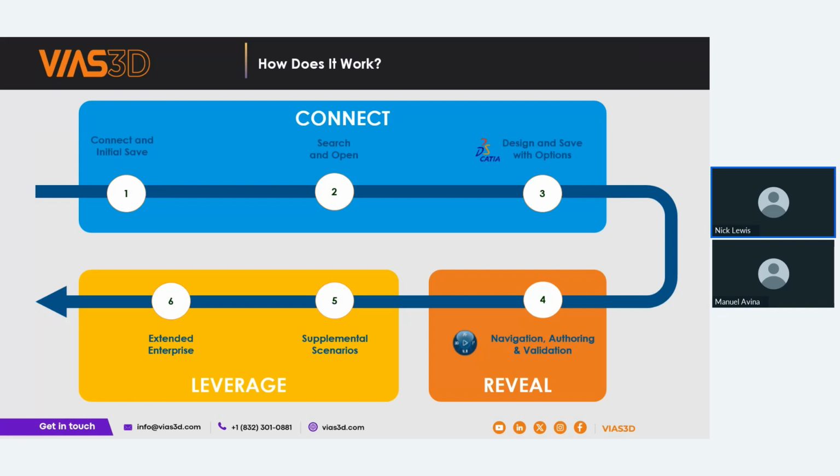That allows you to fully leverage the capabilities of the platform from a familiar environment, so you don't have to jump through multiple softwares and multiple windows to perform these tasks.